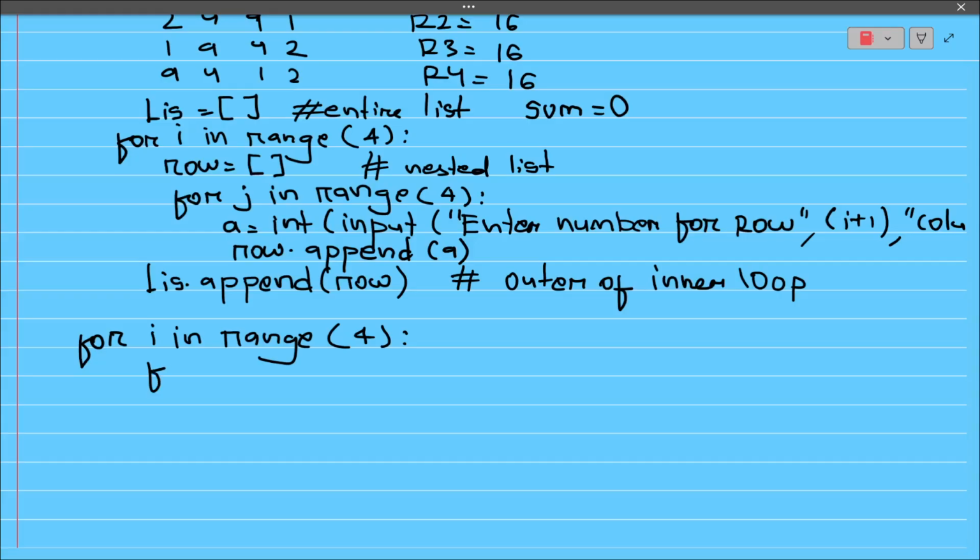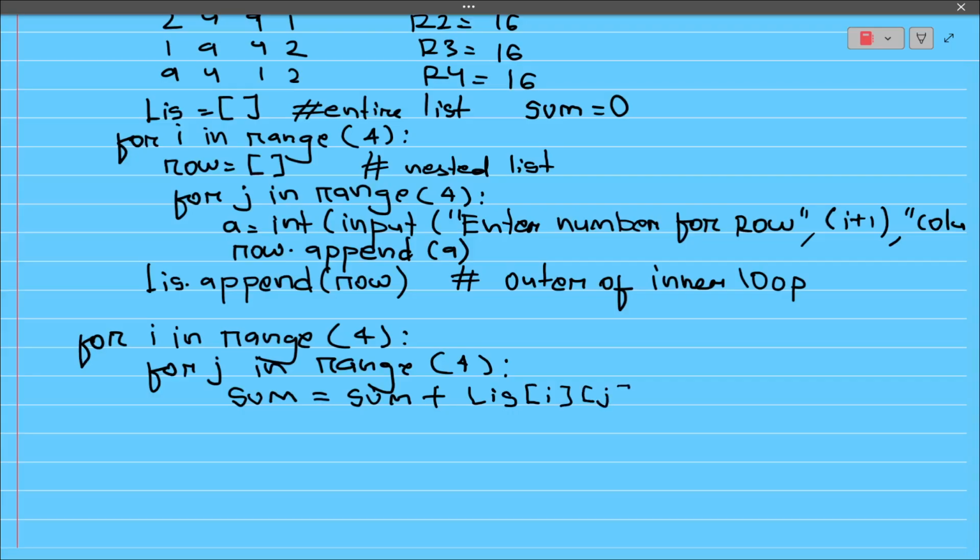Here let me take another loop, j in range, this will work till 4, sum is equal to sum plus lis ij. That's it.